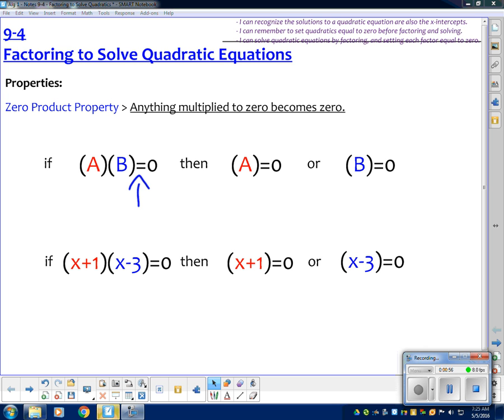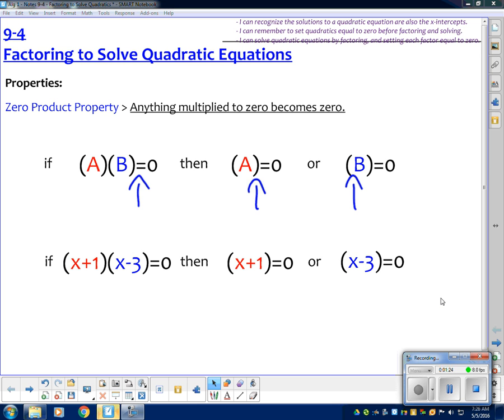It says that if anything multiplied together gets zero, then one of them or both of them must be zero. So anything multiplied by zero becomes zero. That's true. But what it's saying is that either one factor, this one, or the other factor, or both of them must equal zero.